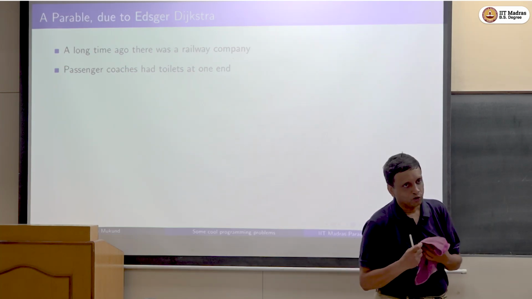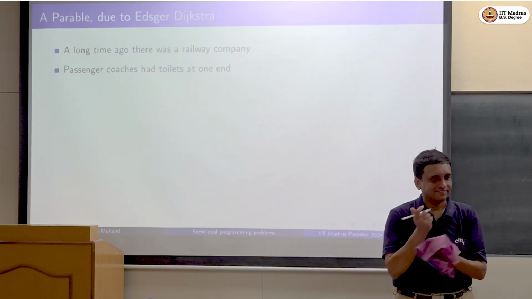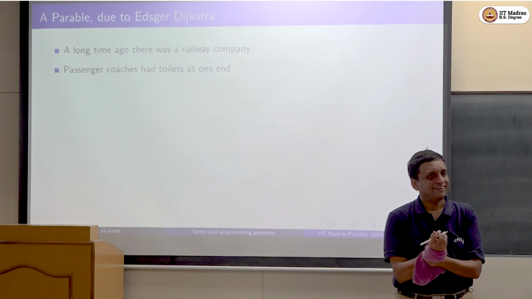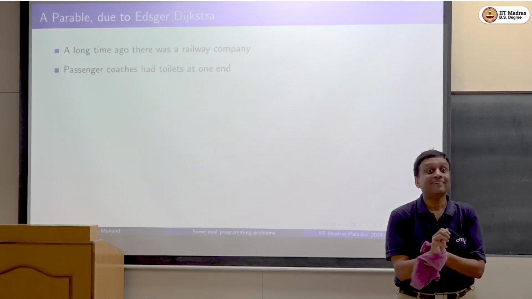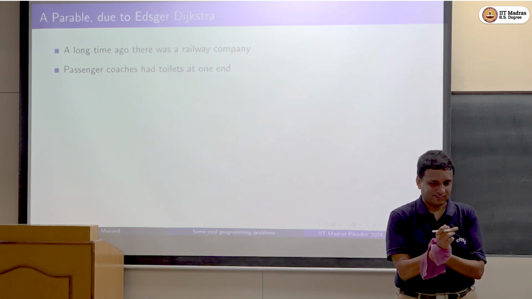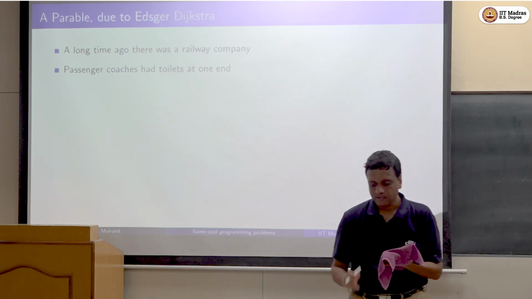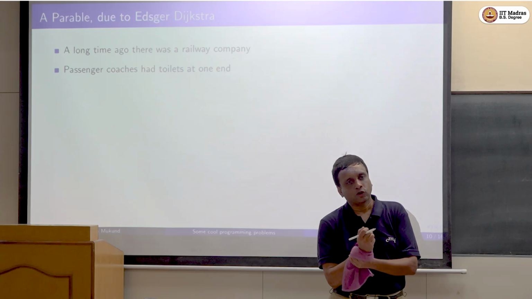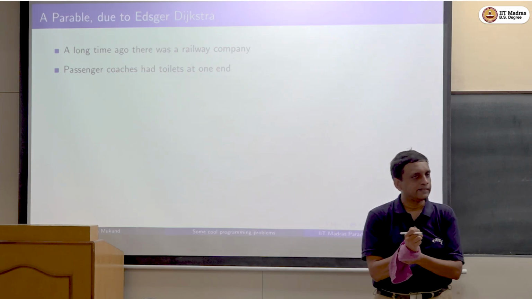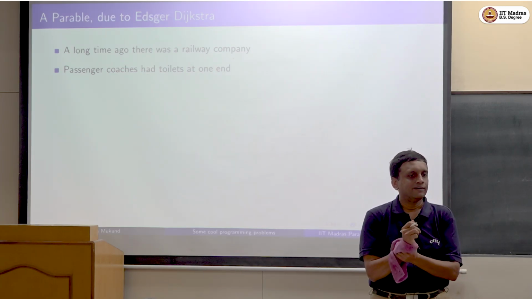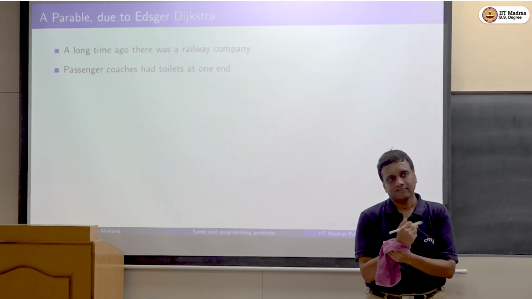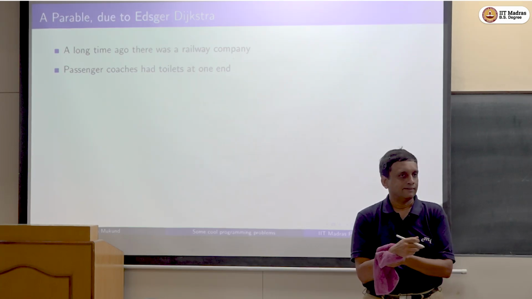Okay. So you all know Dijkstra. Why do you know Dijkstra? Shortest path. Right? So actually it's very strange that the shortest path algorithm is probably the only thing he ever did in algorithms, and it was more like an accident than anything else.